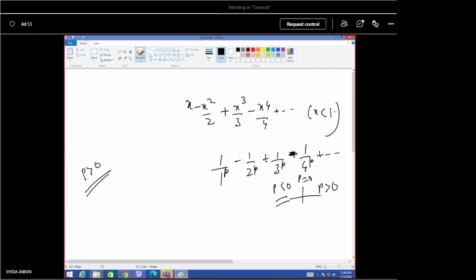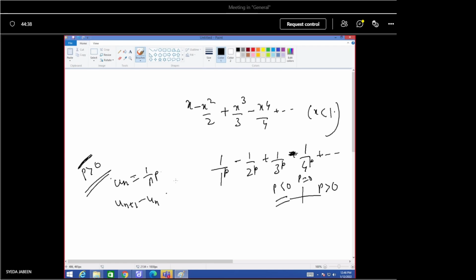So what is the un term of the series? 1 by n to the power p. Now you find un plus 1 minus un. From this only you can understand, taking the case of p, whether it will increase or decrease.